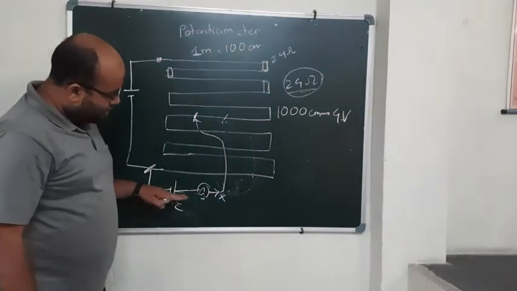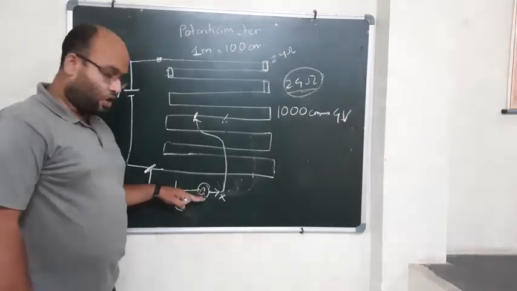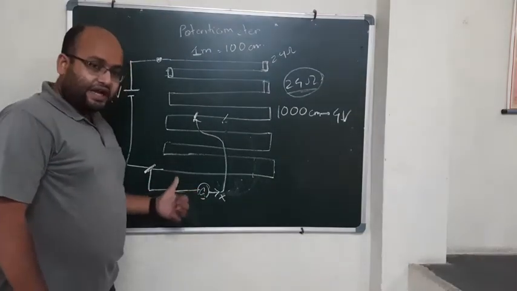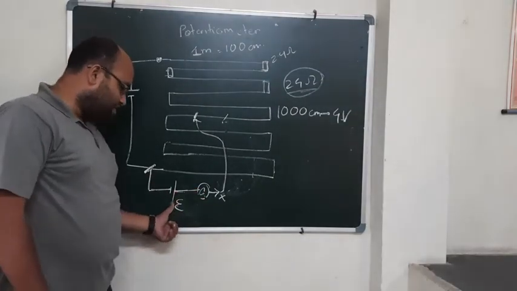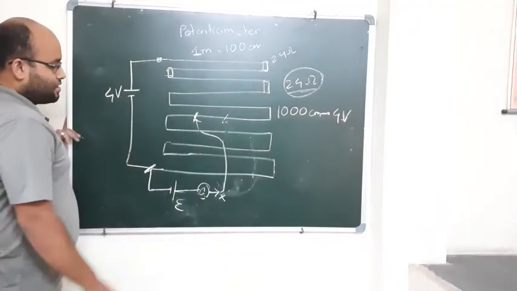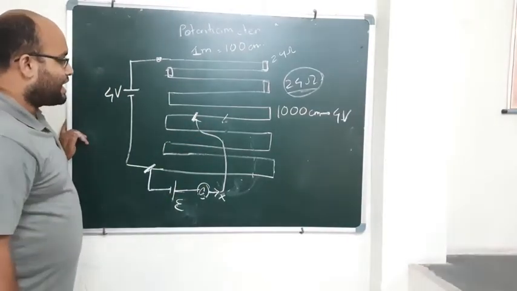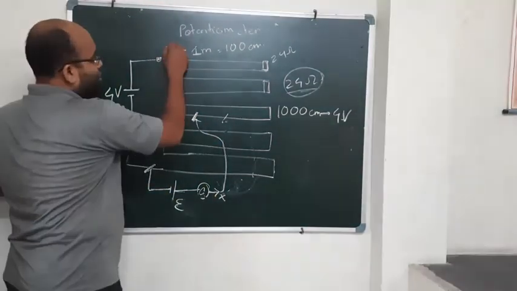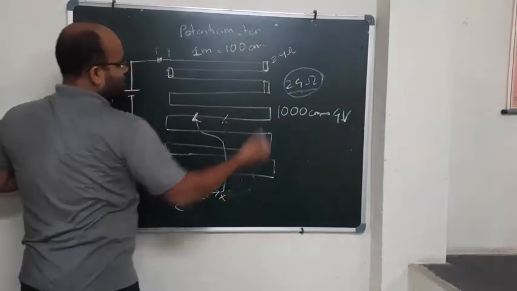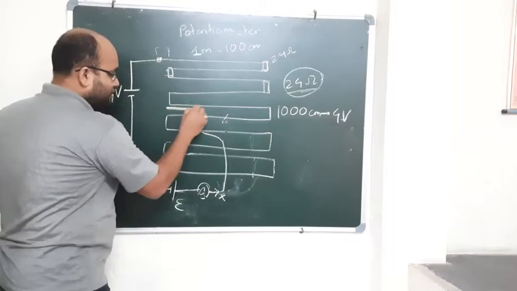Because there is no current flowing through this cell, there is no potential drop across its internal resistance. So you already know this from your theory. We will have a scale of 1 meter, as I showed in the meter bridge, so I will be able to find the length.